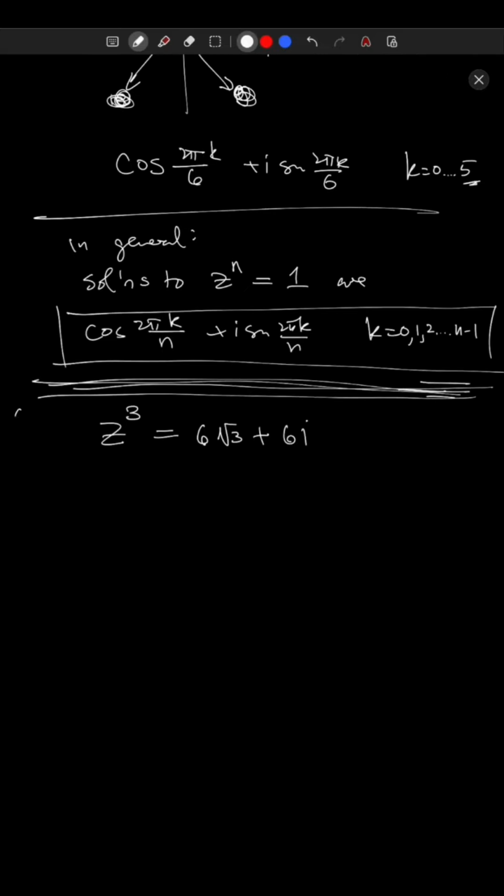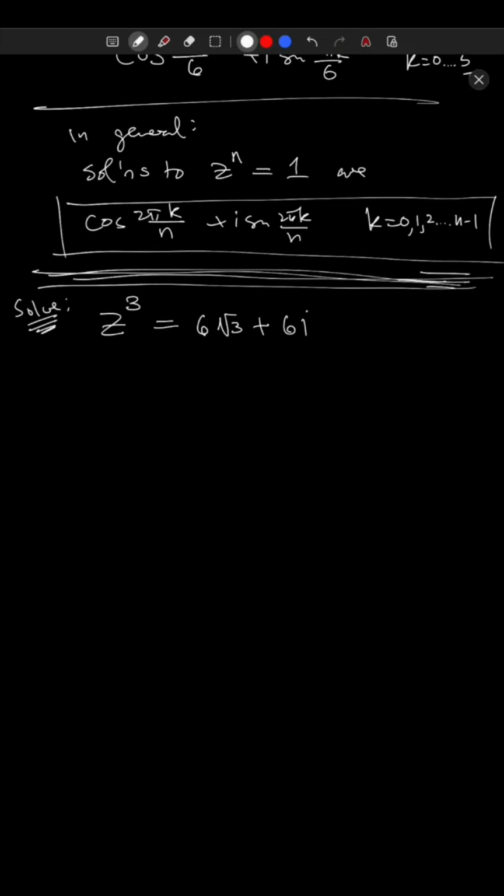Okay, solve. And we want to find all the solutions. All right. So there's going to be 3, because again, this is a polynomial type problem, right? z cubed. So there's going to be 3 solutions.